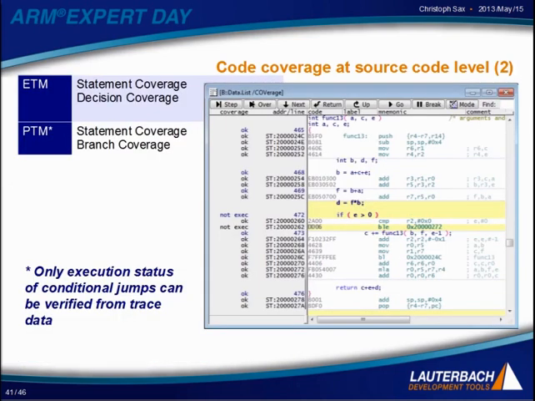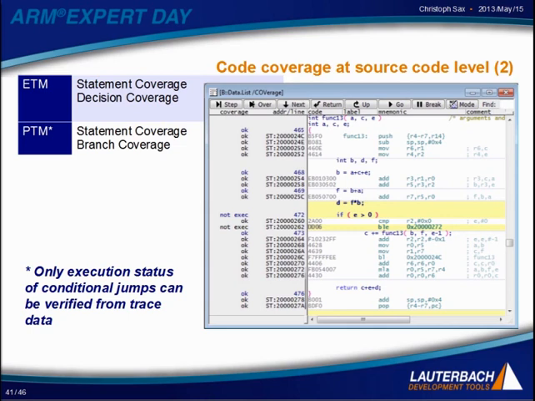This will become clearer with this slide. If we look at this example, we have an if block at source code level, and this is translated to a compare instruction and a conditional jump at object code level. And we see from the code coverage information that this is not fully covered.